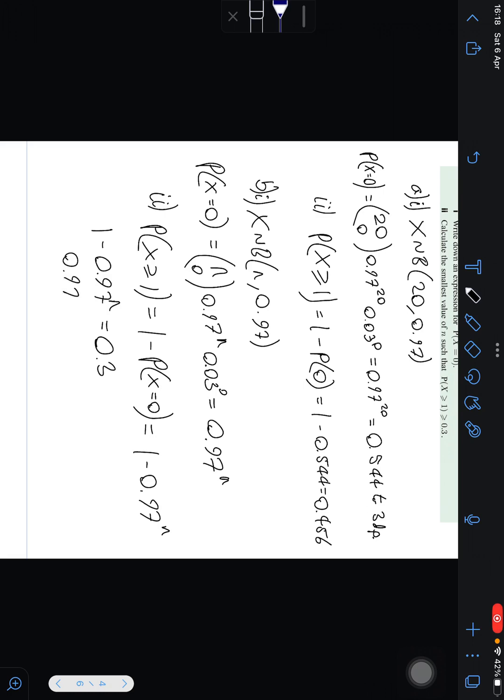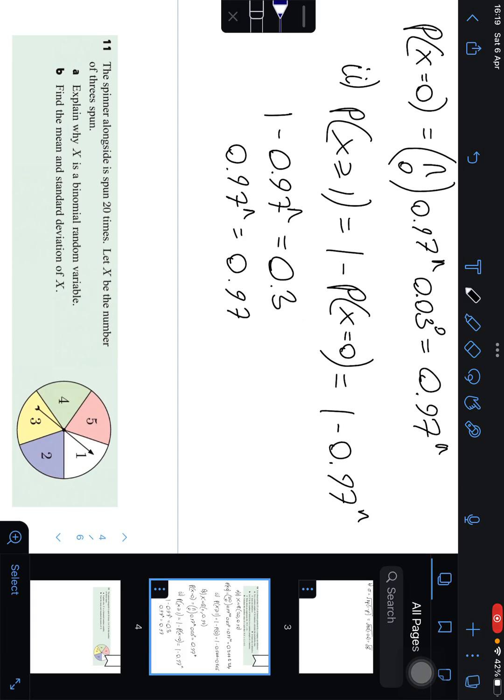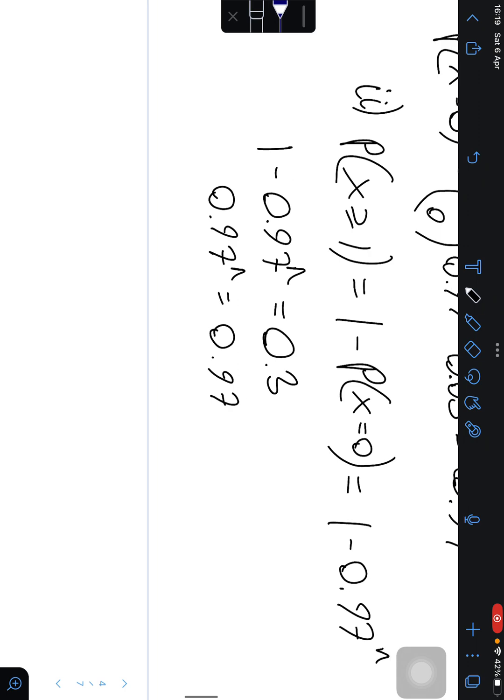So let's rearrange this. That means that 0.97 to the power of n equals 0.97. Or is it really that simple? It cannot be that simple.